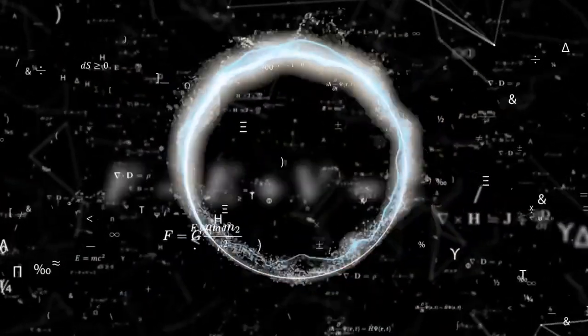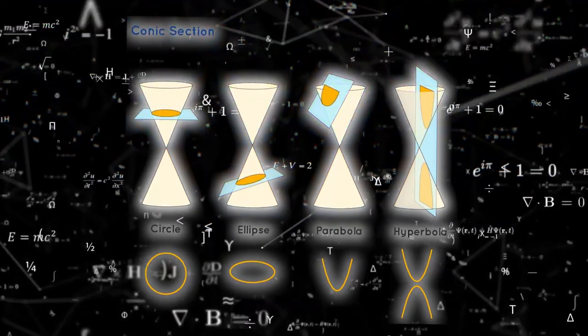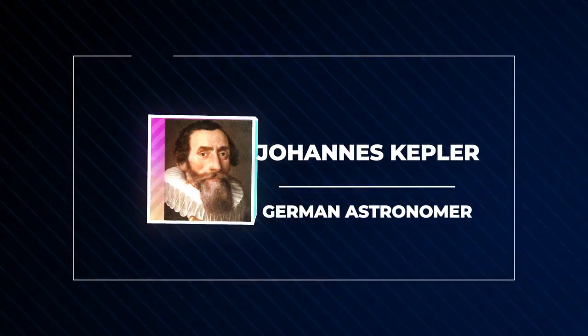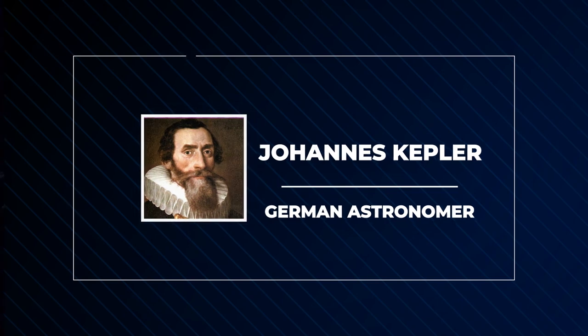For two bodies, these equations give paths like circles or ellipses for orbits. These are conic sections, shapes like slices of a cone. Johannes Kepler even described elliptical orbits before Newton. But with three bodies or more, chaos usually reigns, and a simple solution remains elusive.